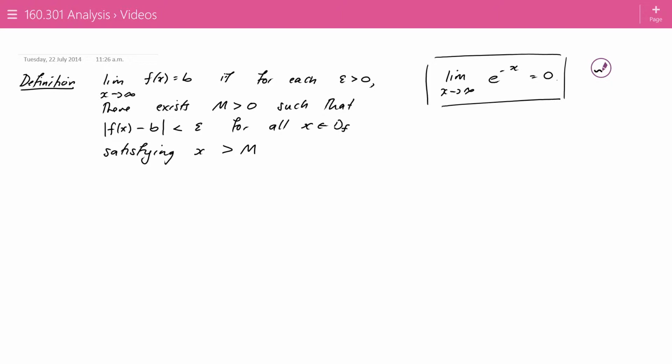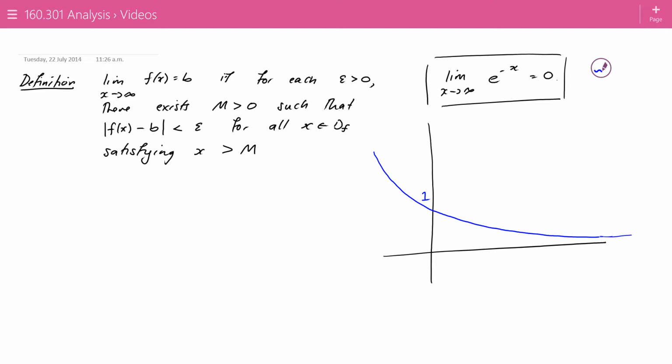So again, we'll illustrate it with reference to our example. Here's our graph. E to the negative x looks something like this. That would be 1, and eventually it's going to tail off towards 0. So what does our definition mean in this context?